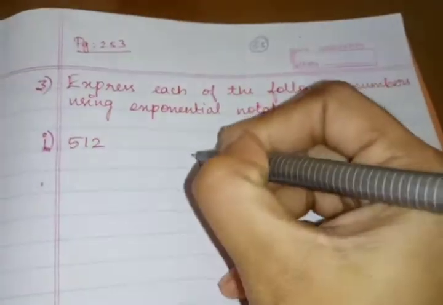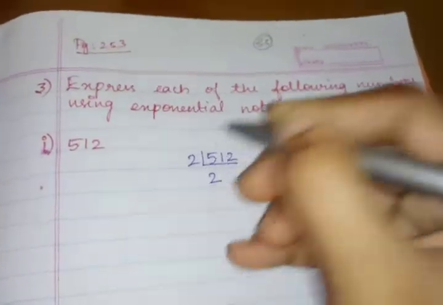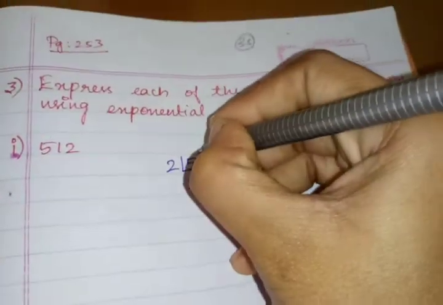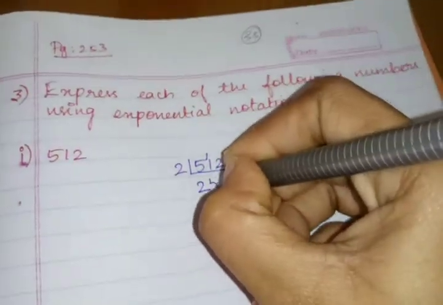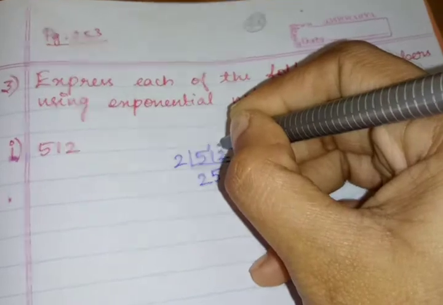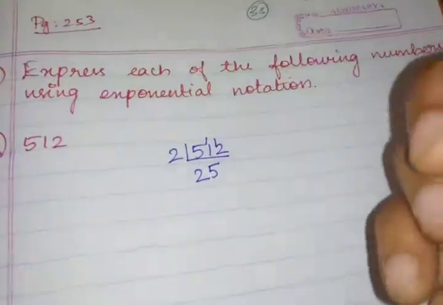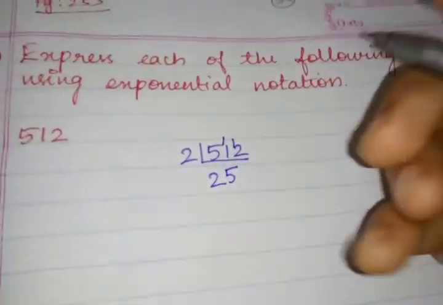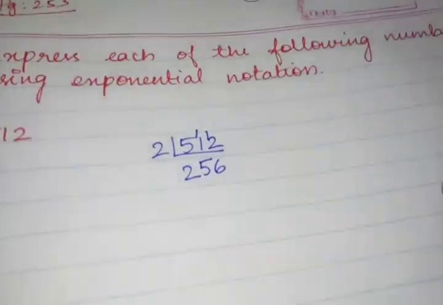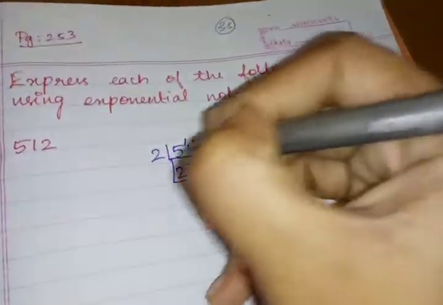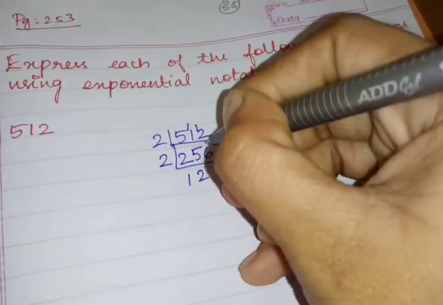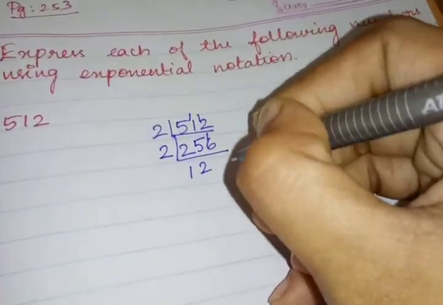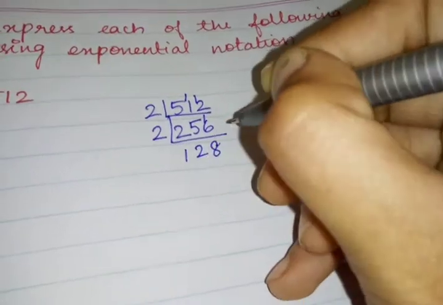In 2 table, 2 2s are 4. Remainder 1, so 1 will become 11. Then 5 2s are 10, the 1 will become 12. Next 6 2s are 12. Then again in 2 table, 2 1s are 2, 2 2s are 4. Remainder 1, 6 has become 16. 8 2s are 16.